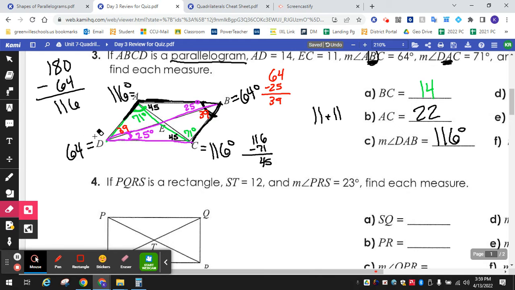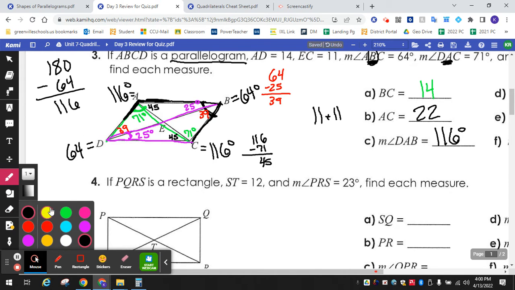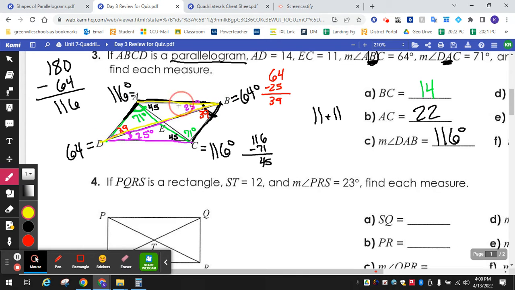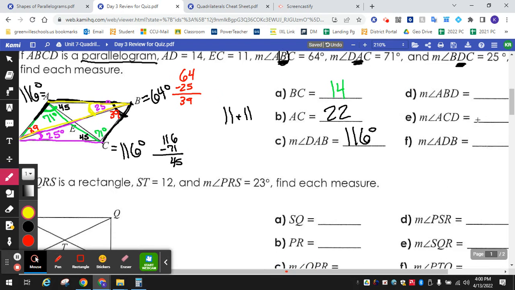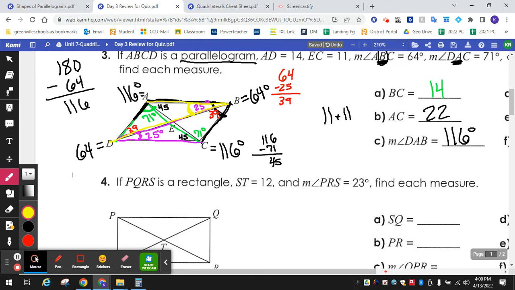Then we have A, B, D. A to B to D. Connect them. 25. Then we have from A to C to D. Connect those lines.